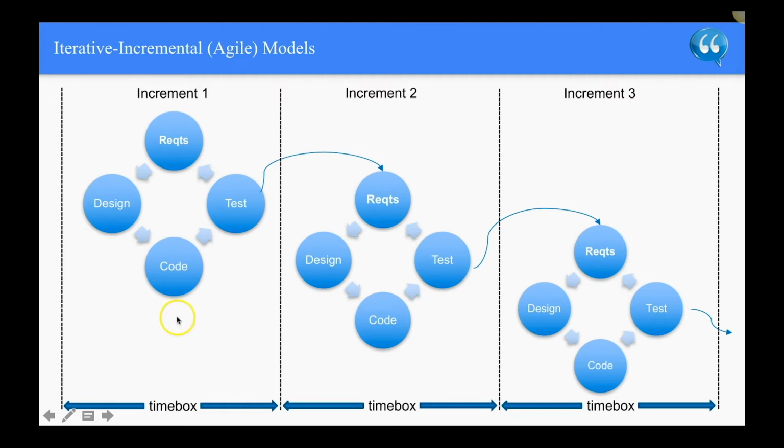Once you develop a little bit within this time box, then you develop the next one. You join them together, and then you develop the next one, and you increment on and on until you get the whole product developed.